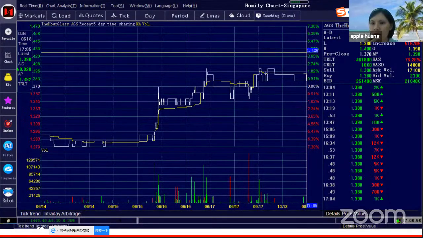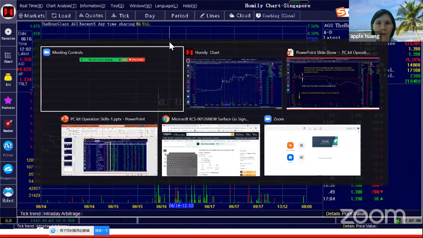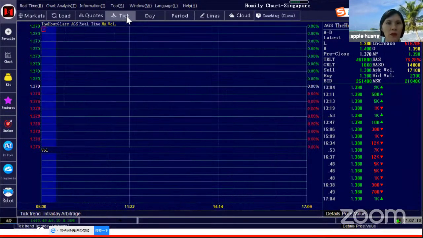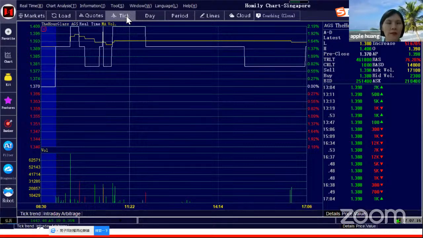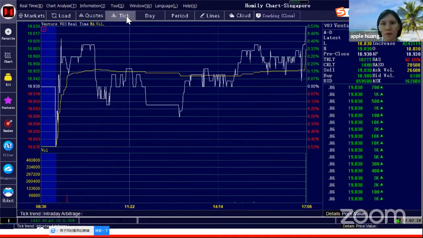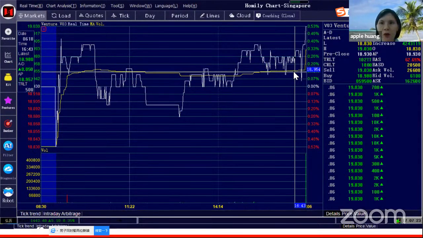Some members asked about some stocks, Venture and DBS. So we can look at Venture and DBS. I go back to the tick chart and type Venture. This is the Venture tick chart for the last trading day, last Friday.